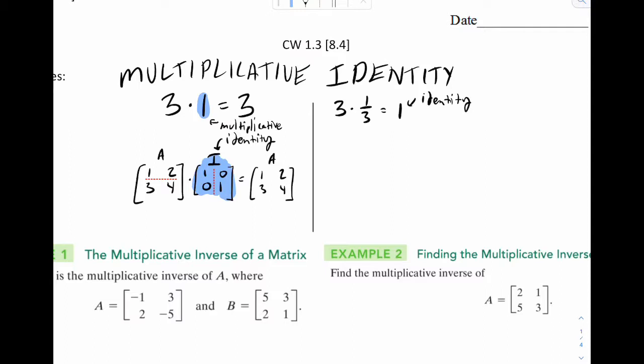So 3 times 1/3 is 1. We call these inverses of each other. So 3 and 1/3 are considered inverses, which means in matrix world, if I do A times the inverse of A, that would get back I, or your identity matrix.